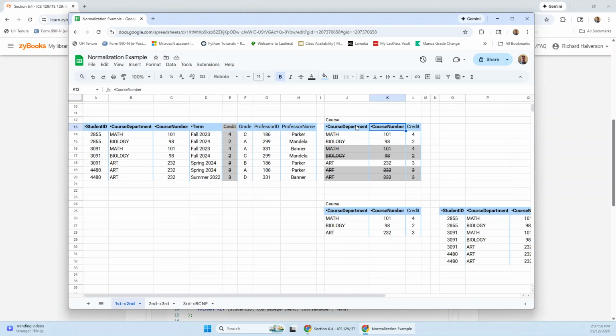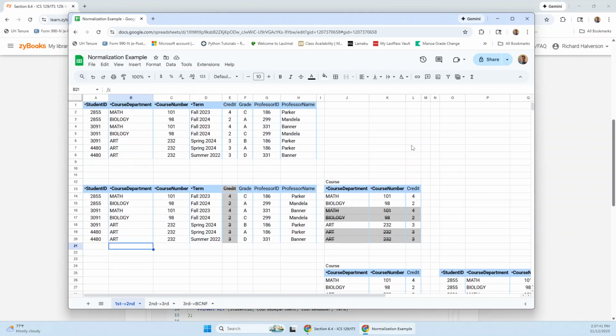Here you notice when we just pull this column out, we end up with 4 duplicates because we already have Math 101 as 4 credits. We already had Biology 98 as 2 credits, and Art 232 is 3 credits, and 3 people took that course, so we only needed it once.